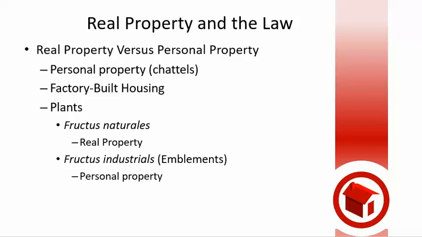Now, here's the key. There are some things that cross over. The hardest one that we're going to deal with is plants. A plant. There are two types of plants, two generic, and they fit in either one or the other. The first type of plant is called the fructus naturalis. Got that?